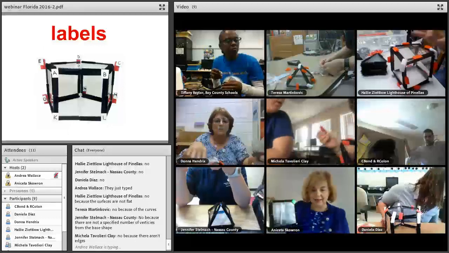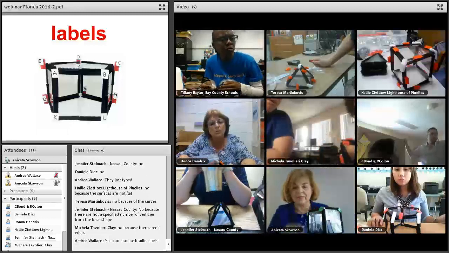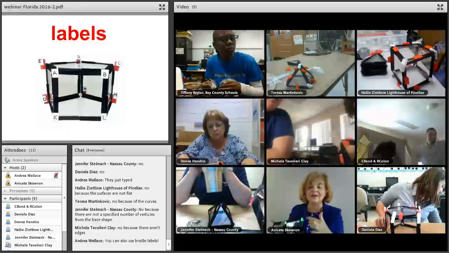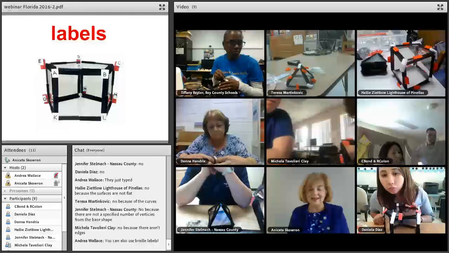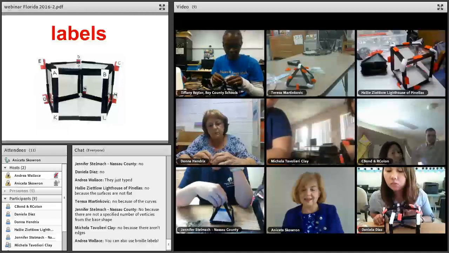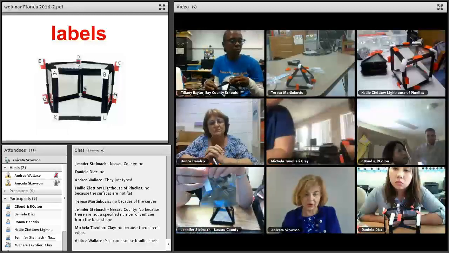For example, here I have one marked A, B, C, D. That way you can mark every vertex and really any place that is important in the problem you are working with.